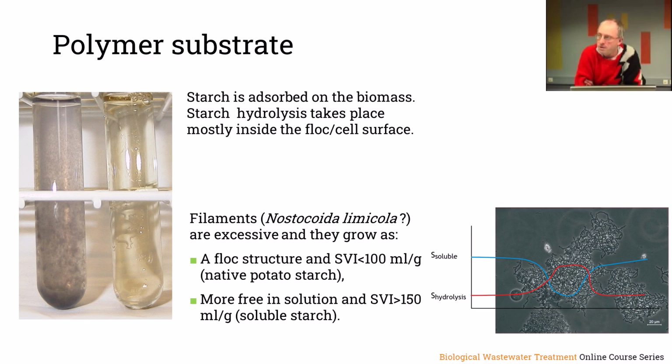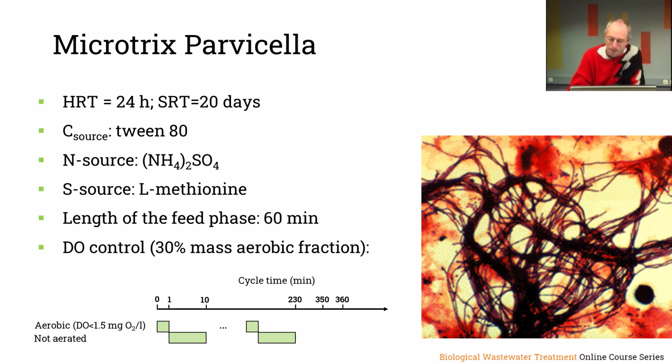Because the soluble starch will absorb partly on the surface of the flocs and there be degraded, whereas the particulate material will just absorb and be integrated in the floc structure. And that might again lead to differences in the gradients of maltose which you observe in these floc structures.